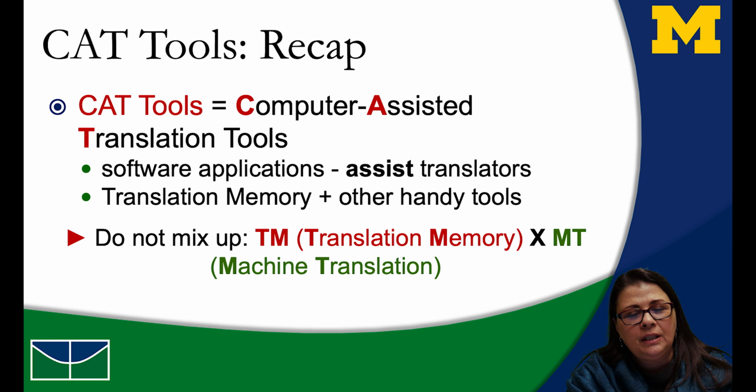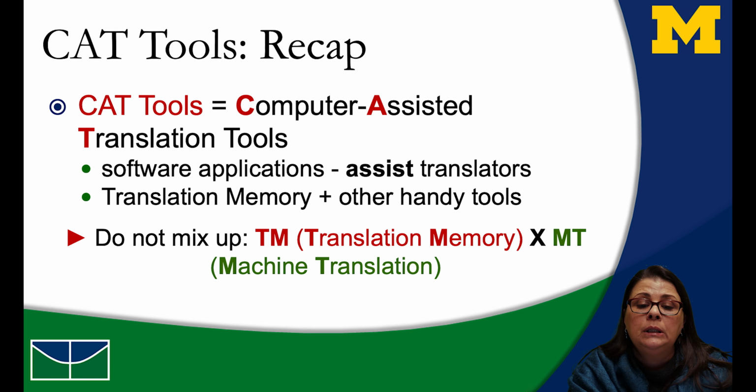So we have learned in our previous video that CAT tools, or computer-assisted translation tools, are translators' best friends because they are these software packages or suites with tools, applications to help translators better do their jobs. And one of the most important features in a CAT tool is their translation memory, or also called TM.